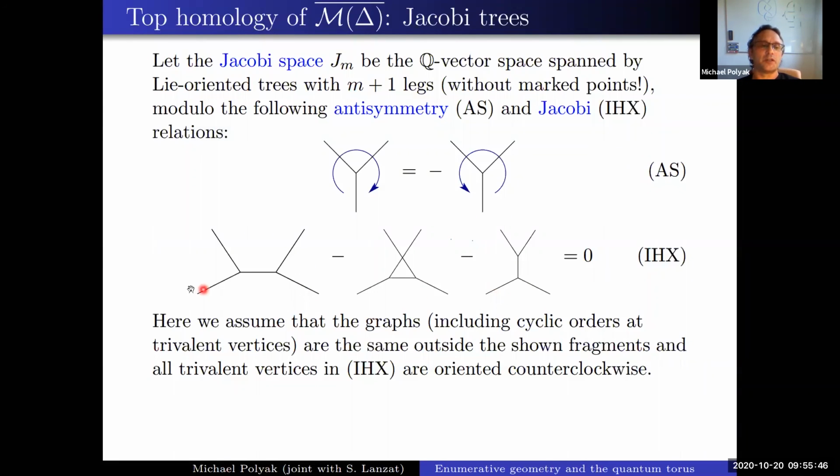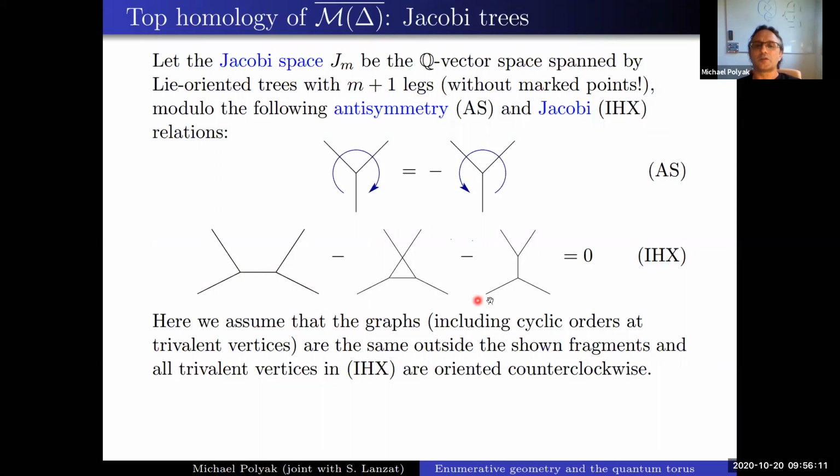And how do you do this? You think about A entering here, B entering here, and their commutator going out. Remember that there's a cyclic ordering. So you take the commutator, and then C enters. And then the commutator again goes out.